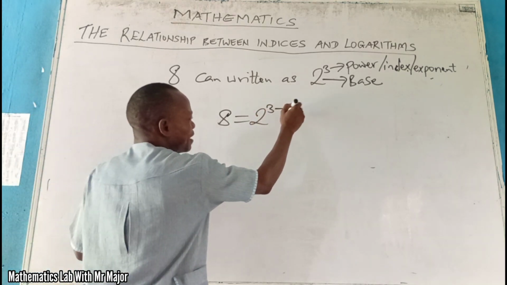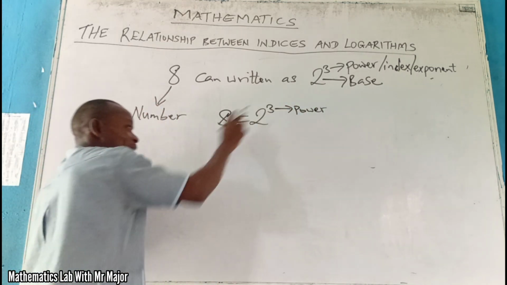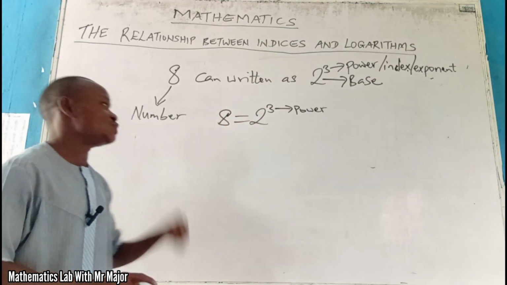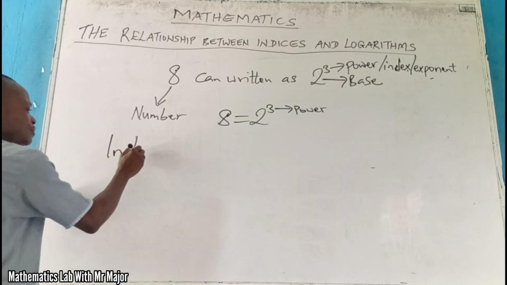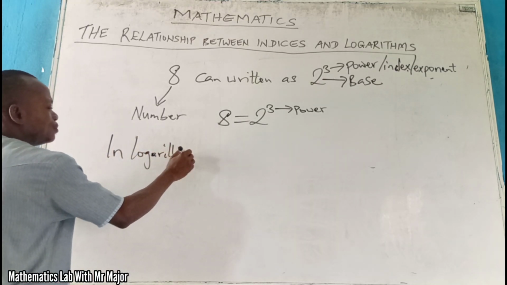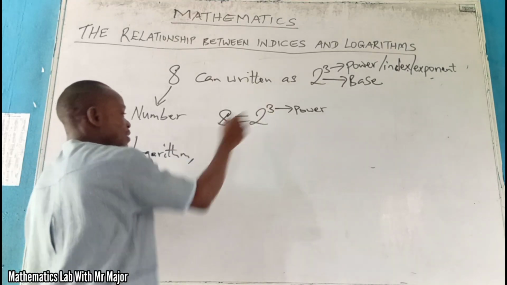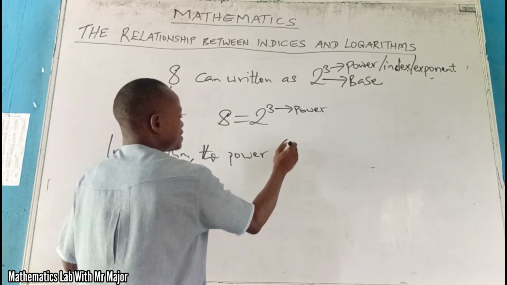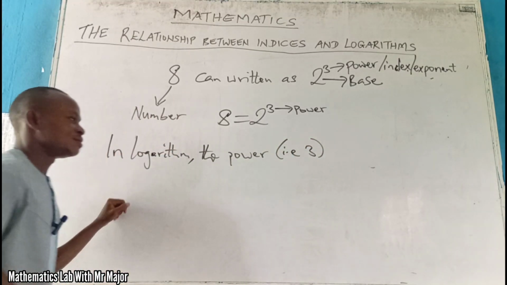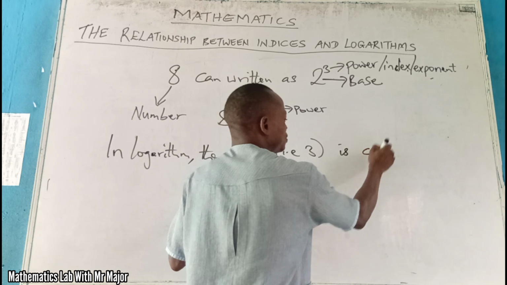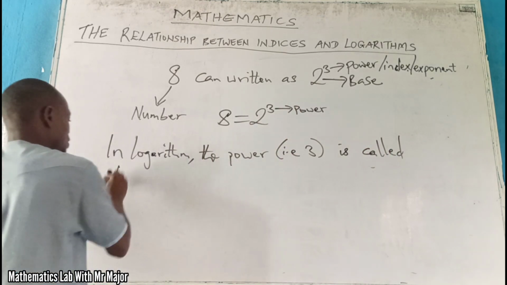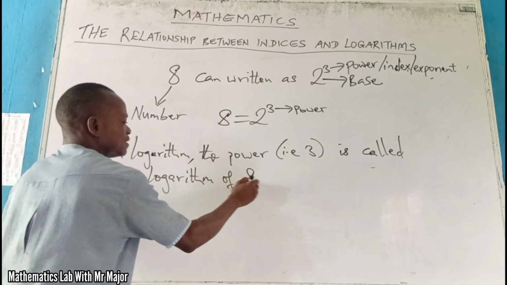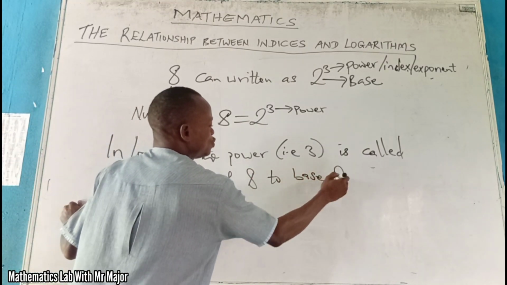Now this power is what we call the logarithm of 8 to base 2. So in logarithm, the power, which in this case is 3, is called the logarithm of 8 to base 2.